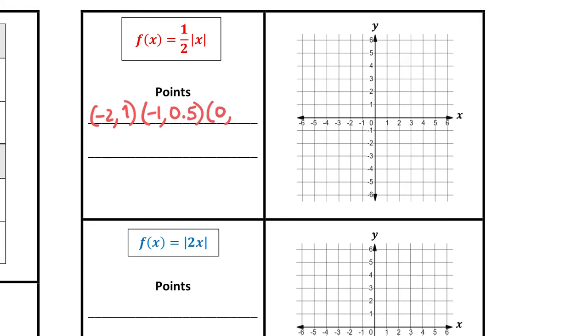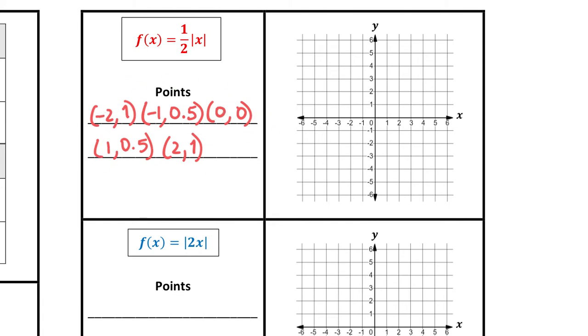Then what if I plug in 0? 0 times 1/2, or 0 times anything, is 0. Then if I plug in 1, what's 1 times 1/2? It's 0.5. And then the last one, 2. What's 2 times 1/2? That's going to be 2 over 2. 2 divided by 2 is 1. So let's plot these points and see what we get.